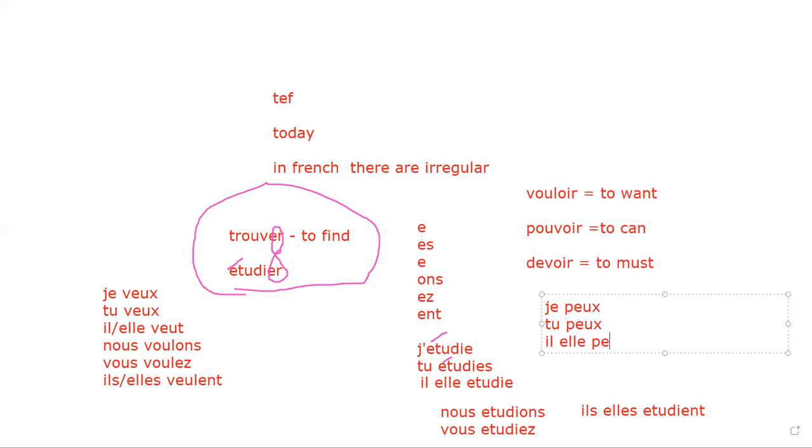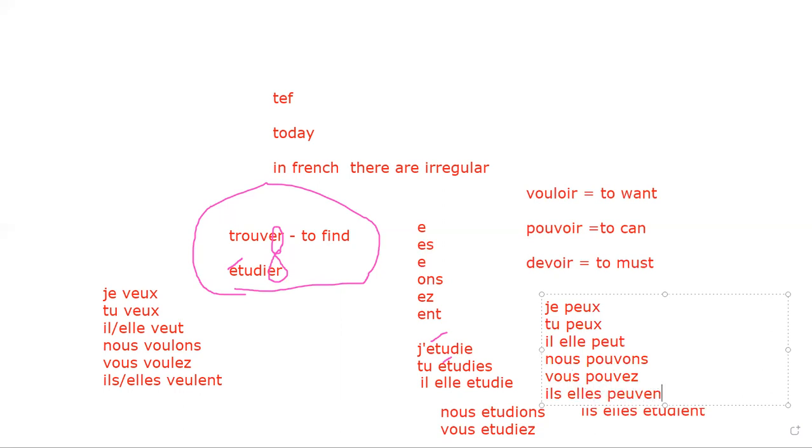Then we have il, elle peut. Nous pouvons is to we can. Vous pouvez is to you can.